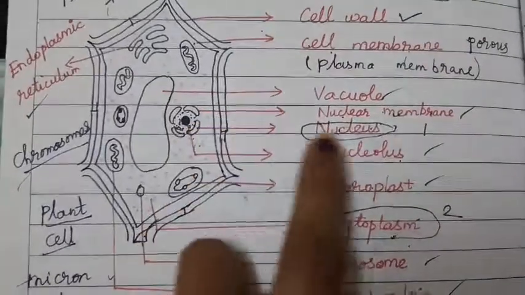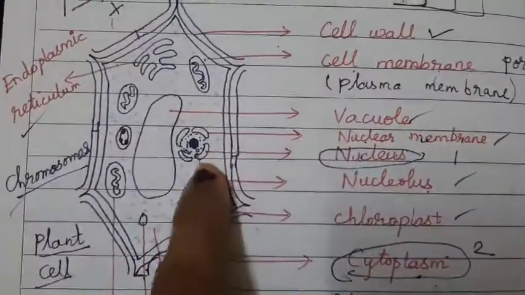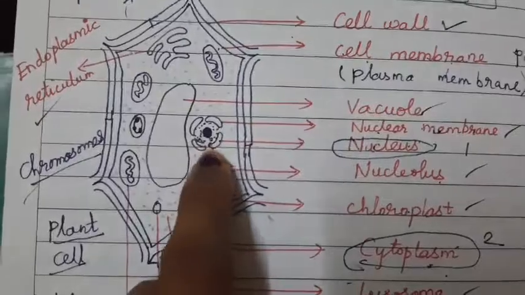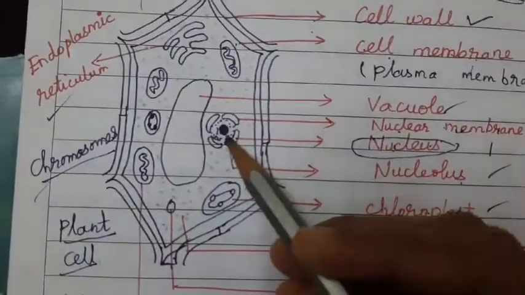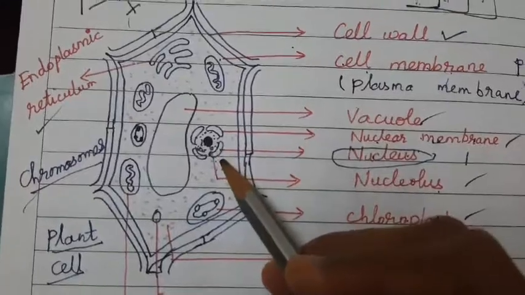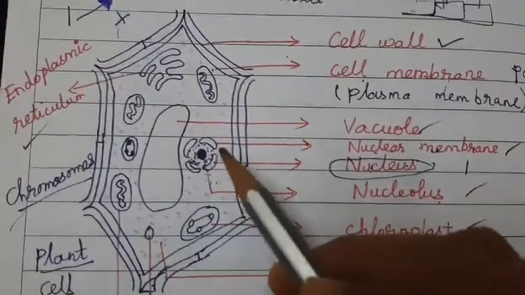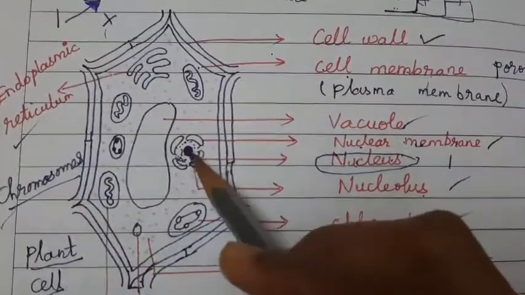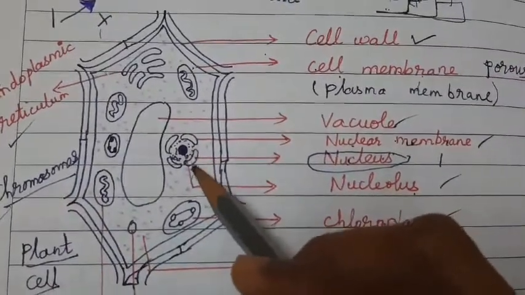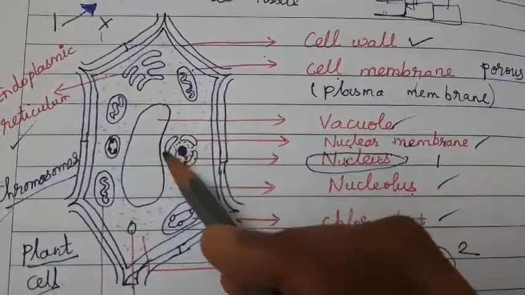Okay. Now coming back to your nuclear membrane, this is a double layer. Can you see here I have drawn it as a double layer? This is because of the high protection needed for storing the chromosomes. So it is a double layer and it has some small pores.